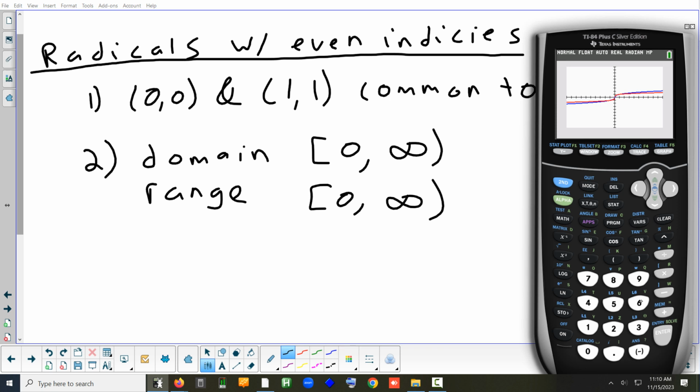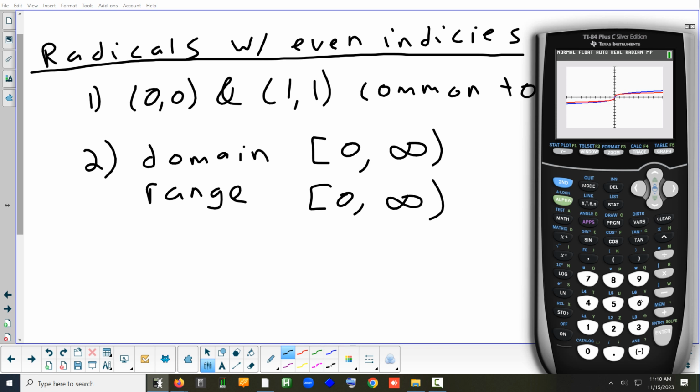How about in terms of the direction it goes? Yeah, it goes all the way to the left and to the right. So even roots only go in one direction. The normal direction for an even root is to the right. If you mirror image it, it could go to the left, but the normal direction is right. Odd roots go in both directions.